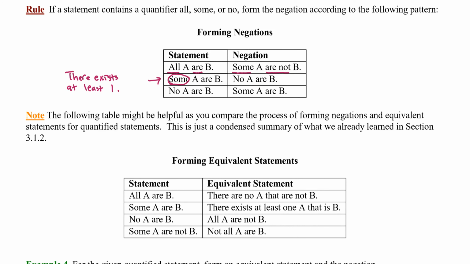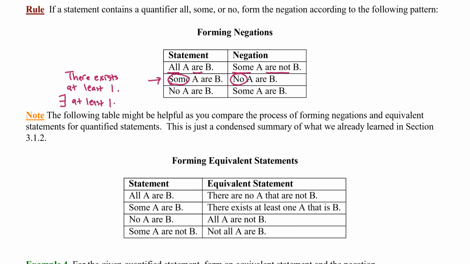If we want to write this in symbolic form, we can use the backwards E. There exists at least one. So if there exists at least one A that is B, to negate that, I would have to say there is not even one. No A are B.